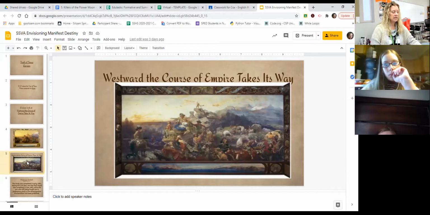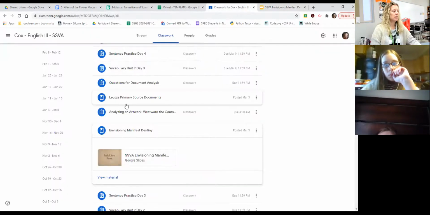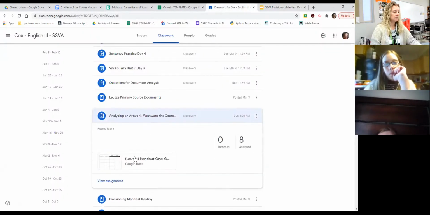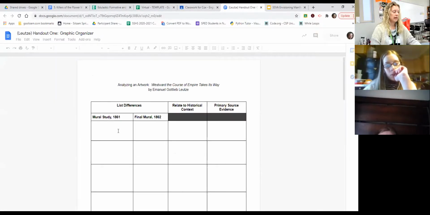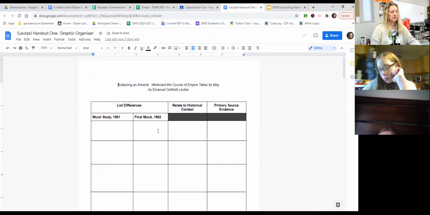The idea here is that you are going to complete this document and choose and list the differences between the two. So Bree, what were some of the differences that you noticed between the two?